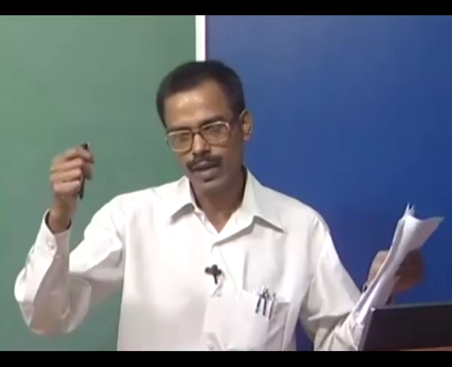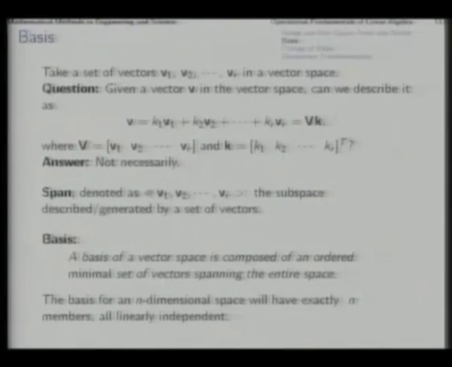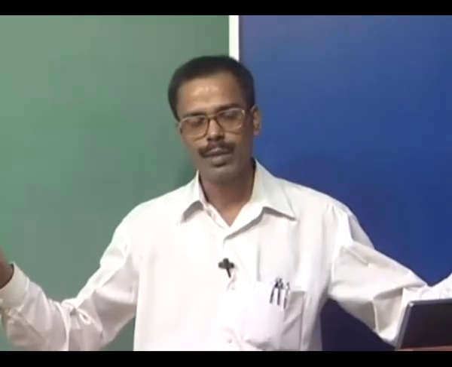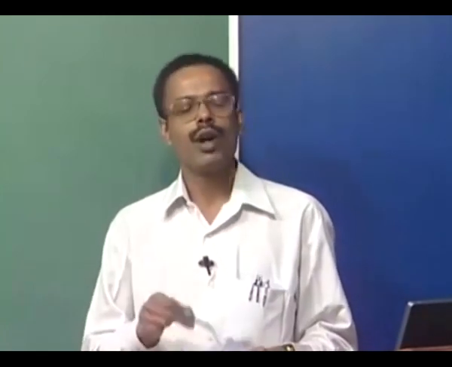That subspace will have lesser dimension than the entire vector space, and that subspace we sometimes denote as the span of these vectors, denoted by these angle brackets. In other words, we say that these vectors span this particular subspace. So span is used either as a verb or as a noun.